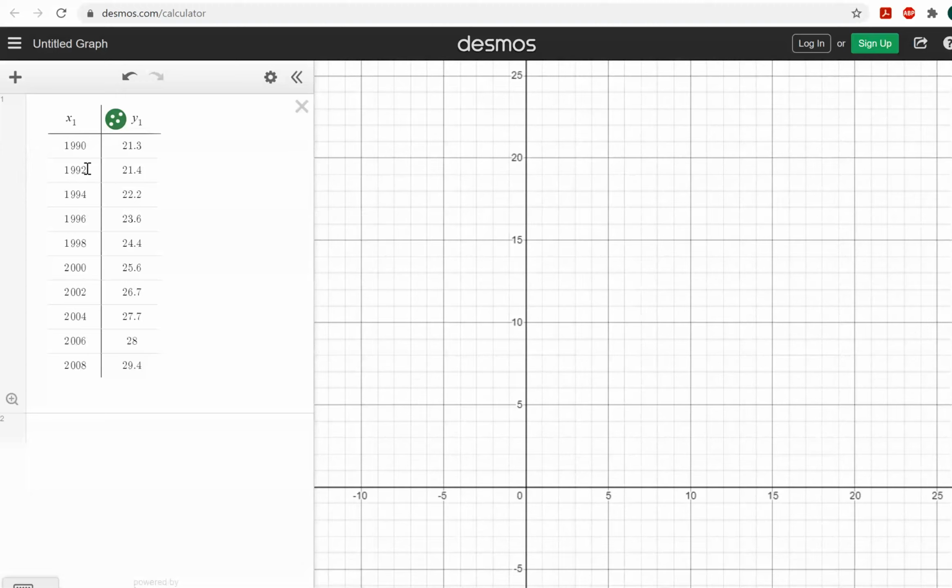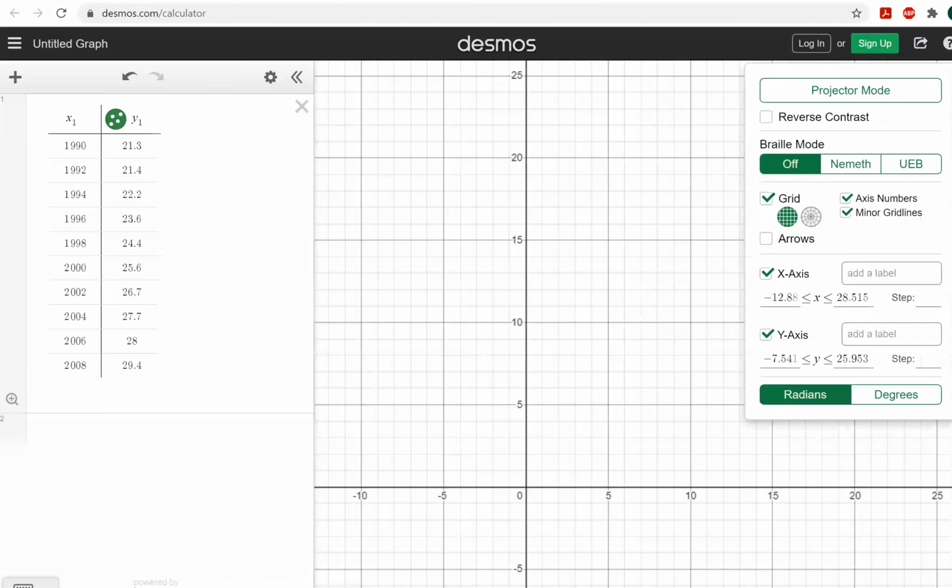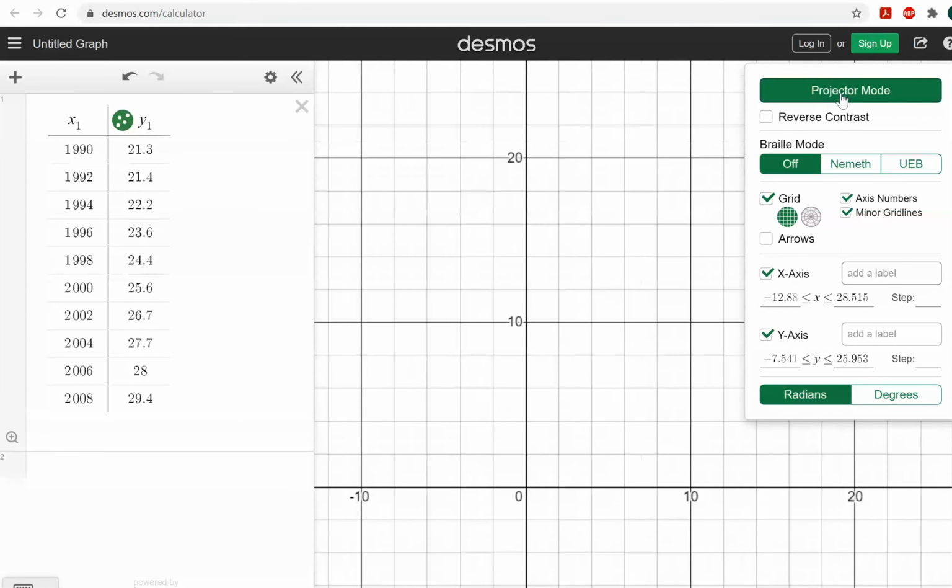So what we can do is adjust the domain of our graph so that we can see our scatter plot. There's this wrench symbol, and sorry, it's off the screen that's recording right now, but in the upper right-hand corner there's this little wrench. It says graph settings if you hover over it, and it's going to open up these options, some of which can be nice, like projector mode if you need to see things more clearly on your screen.